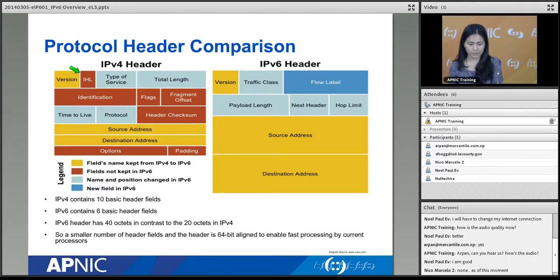That's what we call the next header or extension header fields. So IHL or header length, identification, flags, fragment offset, checksum, some option values here, and padding are all removed from IPv6. Why did they remove these?